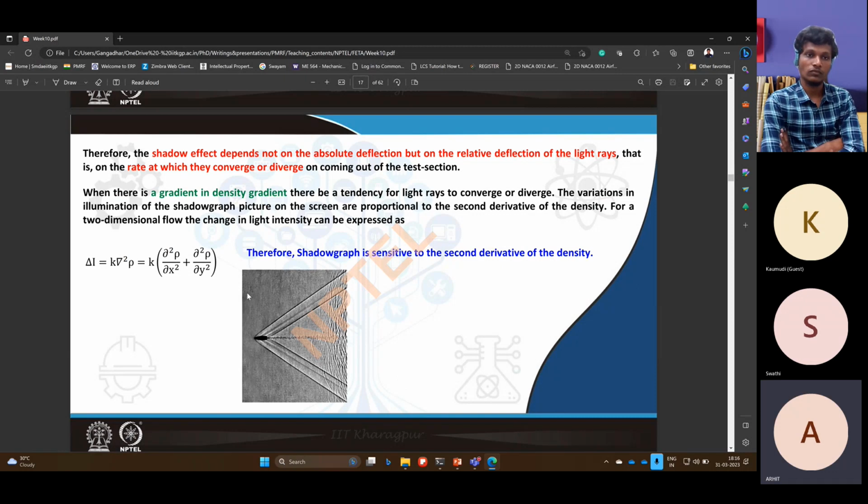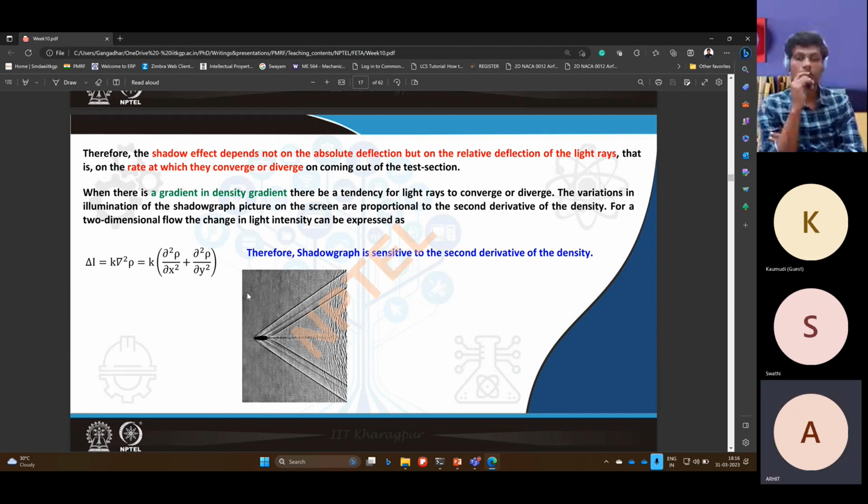If there is compressible flow, there is density change, and due to that density change there will be refraction of light. Yes, that is the only principle of how shadowgraph and Schlieren work. If there is no density gradient, you are unable to see those shock waves or their actual position, as you can see in the shadowgraph.